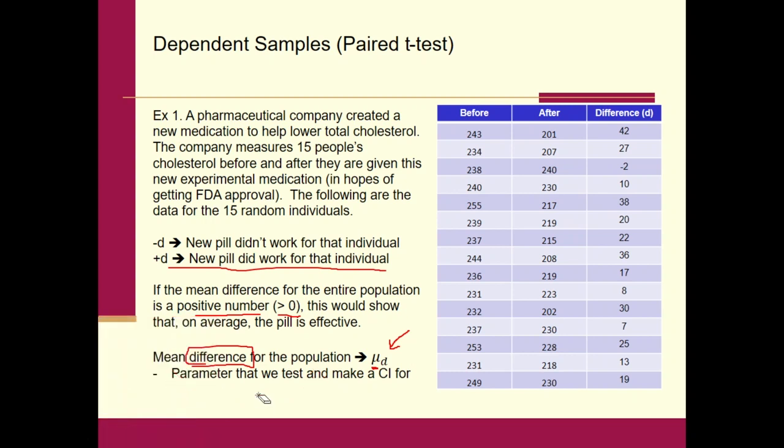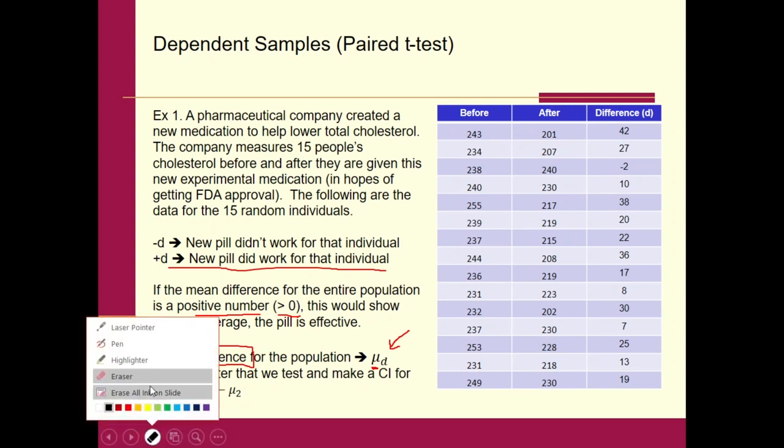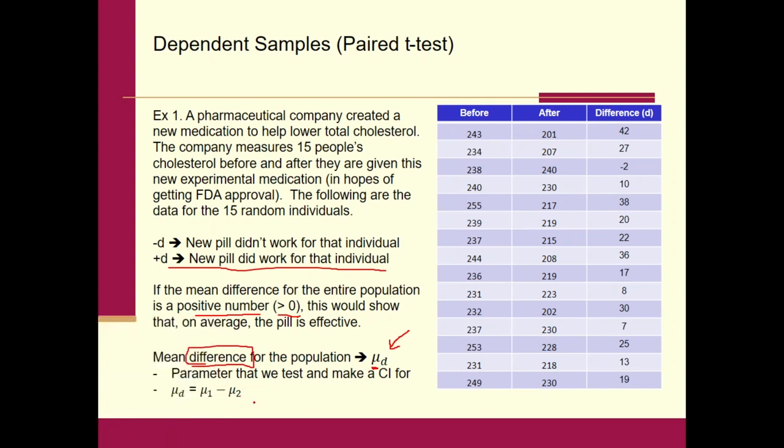And what we got to think of is that simply mu sub d is equal to mu1 minus mu2. So what you got to think of is that there's a mean for this entire population. Now we only have 15 people here, but if we could get the entire population of everybody who has high cholesterol and take their average of their cholesterol before, that would be mu1, right?